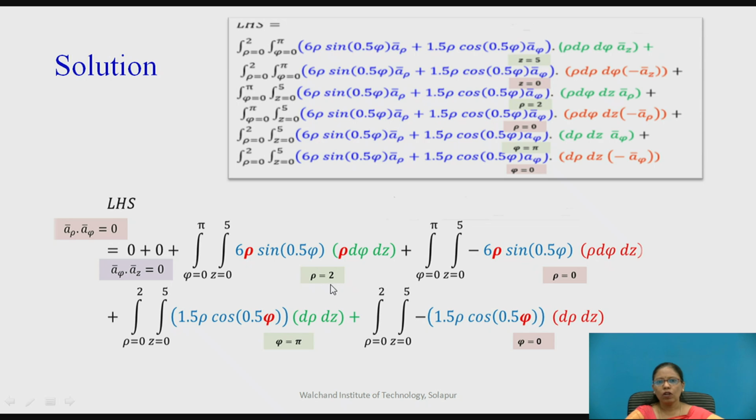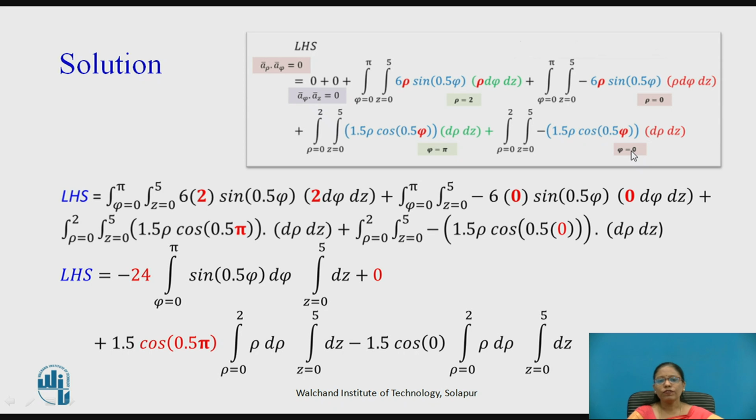And here, along with that, I have written the respective constants. Rho is equal to 2 here, here rho is equal to 0, here phi is pi, the same thing as from the previous equation I have taken. Here phi is 0. Okay, so this is just the simplification step where we are taking the dot products. After that, there was a rho, but what value of rho have I put?